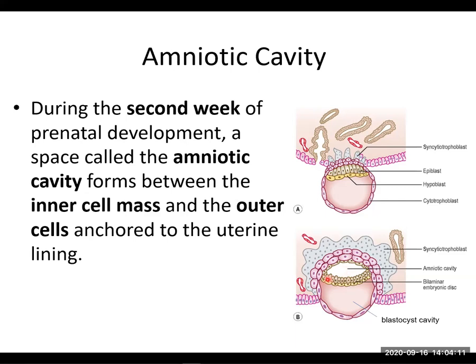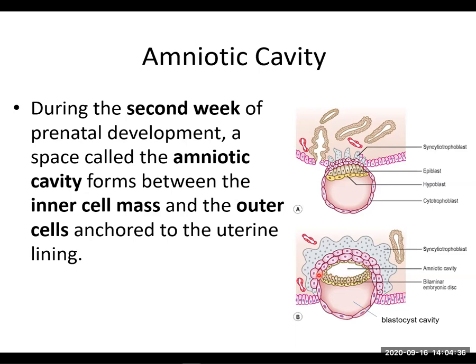And the inner cell mass will become here. They will basically face two fluidic cavities. One is the amniotic cavity, and here is the blastocystic cavity.